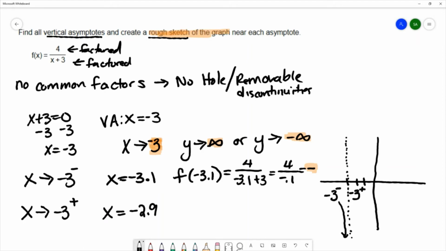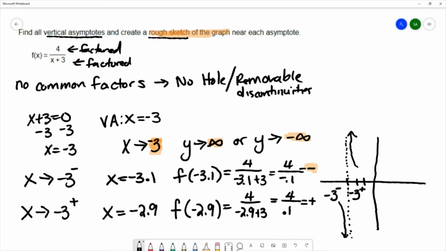That's something that's a little bit bigger than -3. If I substitute that in my function, that would be 4 over -2.9 plus 3. That's 4 over 0.1, and that comes out to be a positive. So on the right side of that vertical asymptote, I know the graph is going to go to positive infinity. So that's telling me the behavior of the graph near the asymptote.